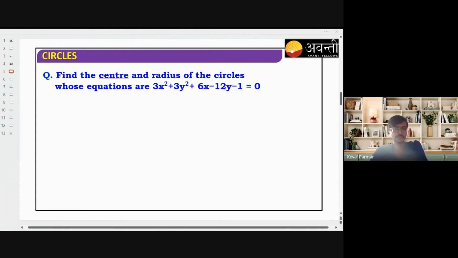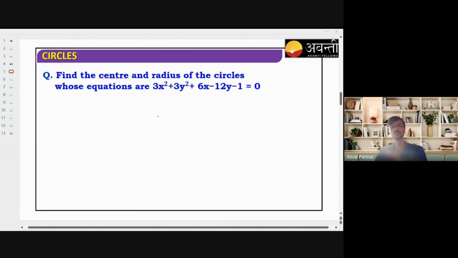I think do you have pen and pencil next to you, pen and book? Center is 1 comma minus 2. Okay, let's see.